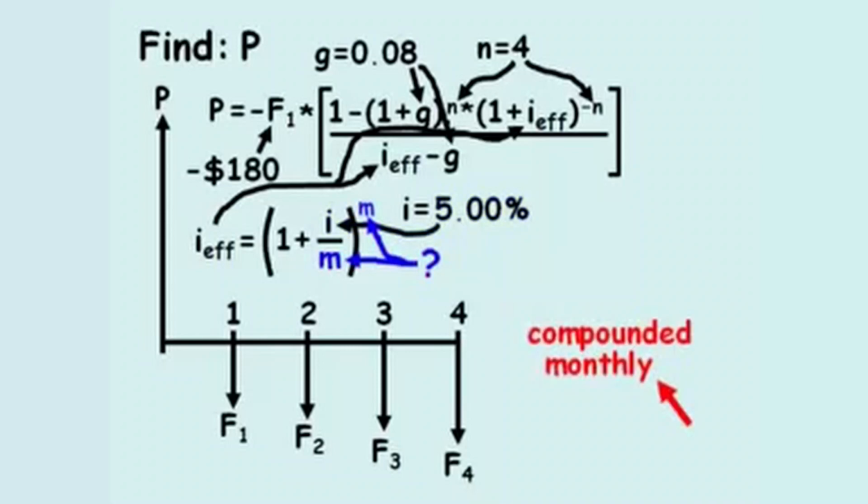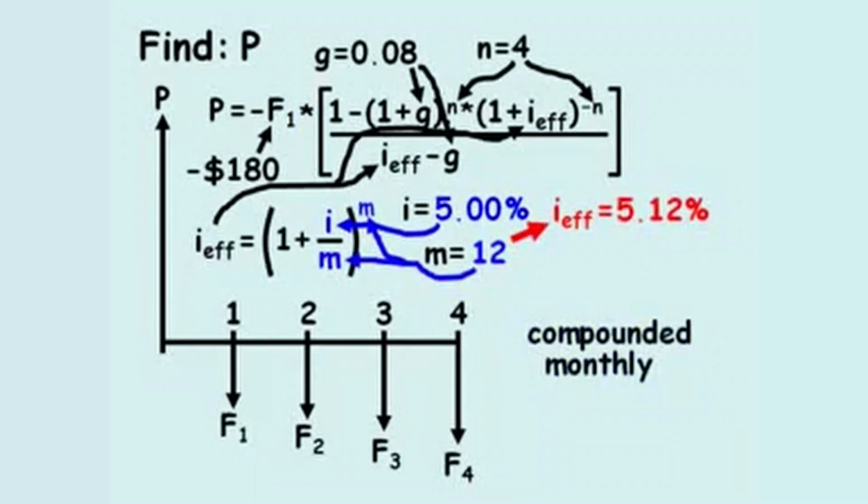Since the problem states the interest is compounded monthly, we know our value for m equals 12, for 12 times per year. Now we can calculate the effective interest rate, which equals 5.12%.